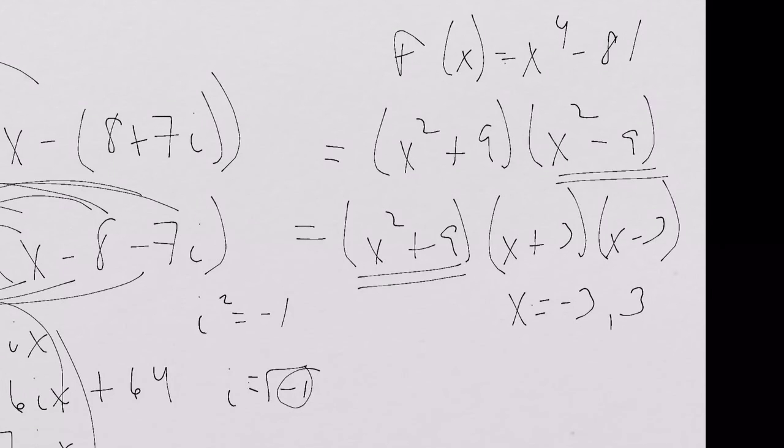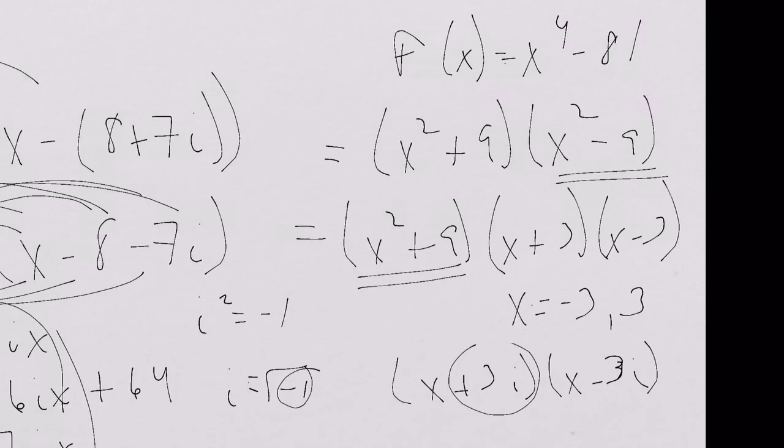But how do I do the sum of squares? And so you could go through the quadratic formula saying that a is 1, b is 0, and c is 9. Or if I am looking at conjugate pairs, I know I'm going to have an imaginary answer because, when does x squared equal negative 9, like solving this, right?